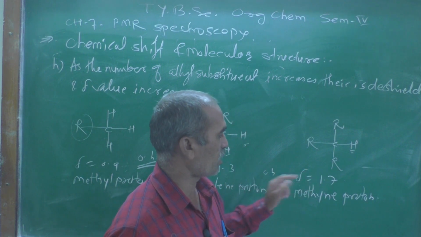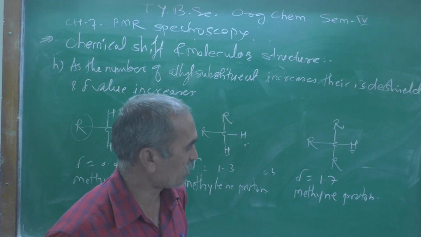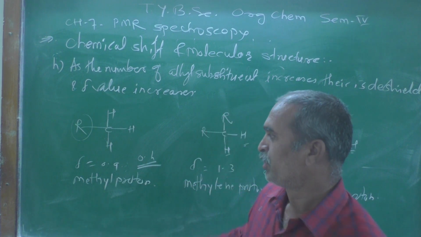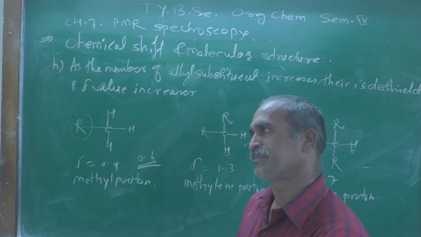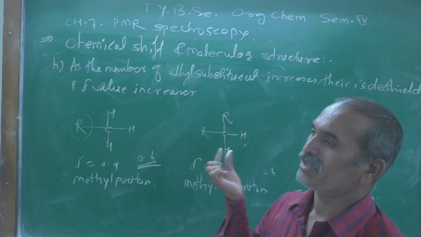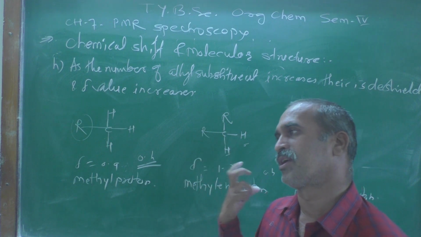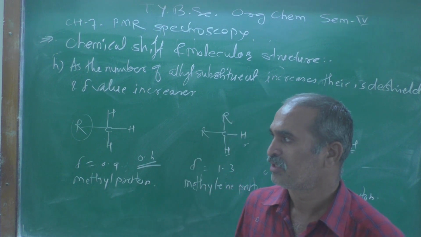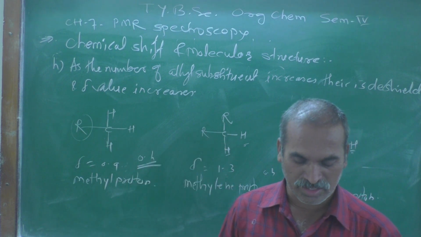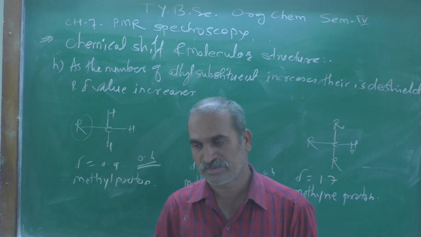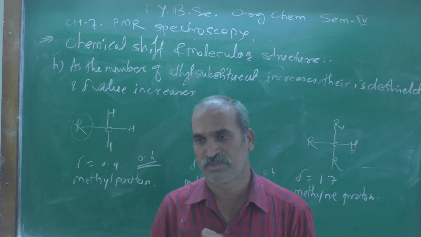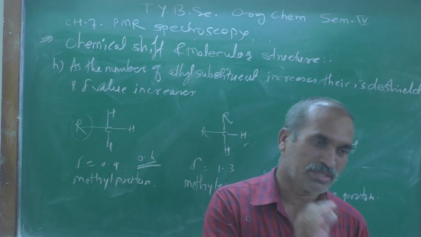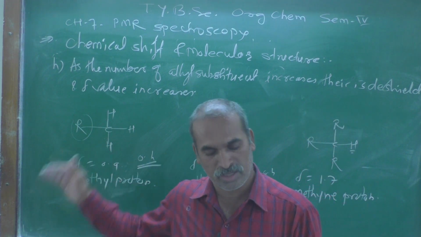The value comes around 1.7, which is a methine proton. So by knowing these basic values of particular protons and what kind of system they are in, we can easily determine the approximate values of those protons.